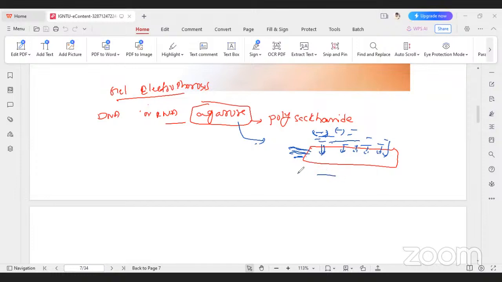For example, the small fragments here, the large one here, and the medium one here. This type of pattern is formed in the agarose gel.